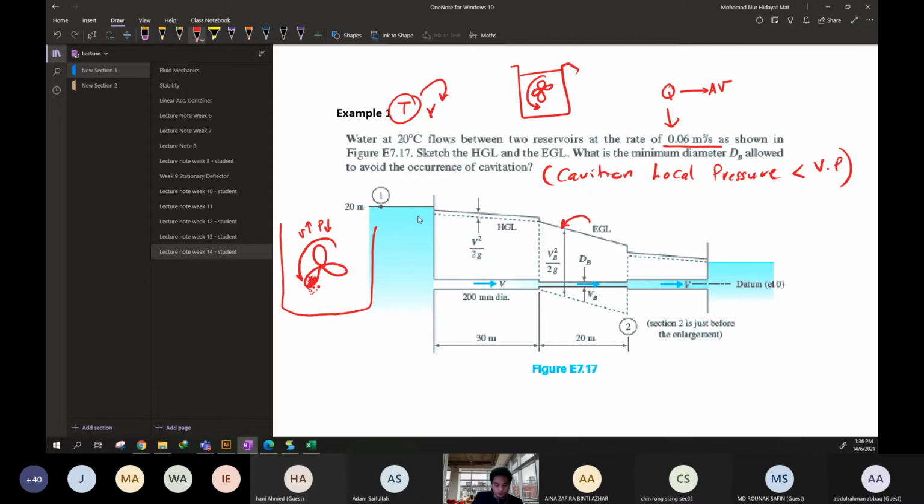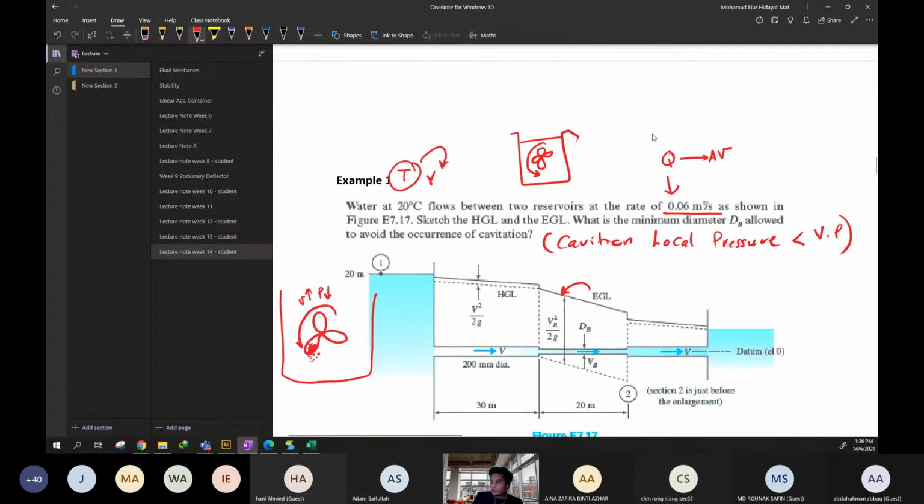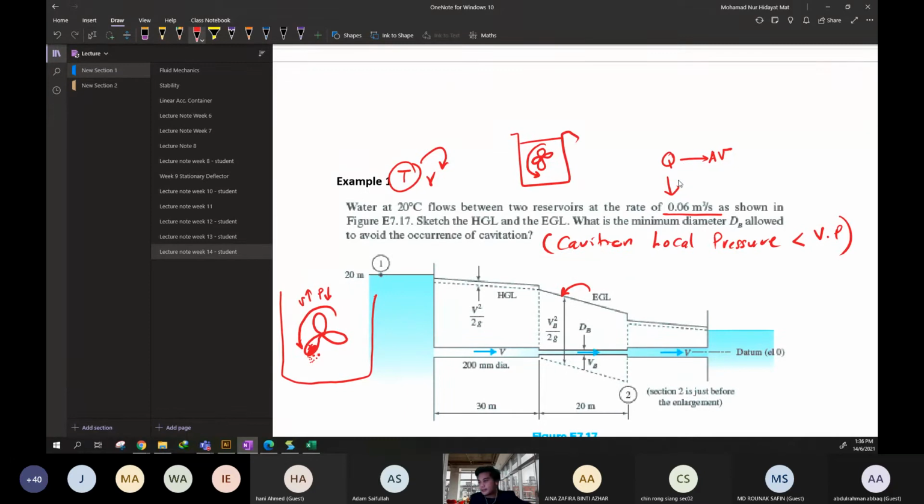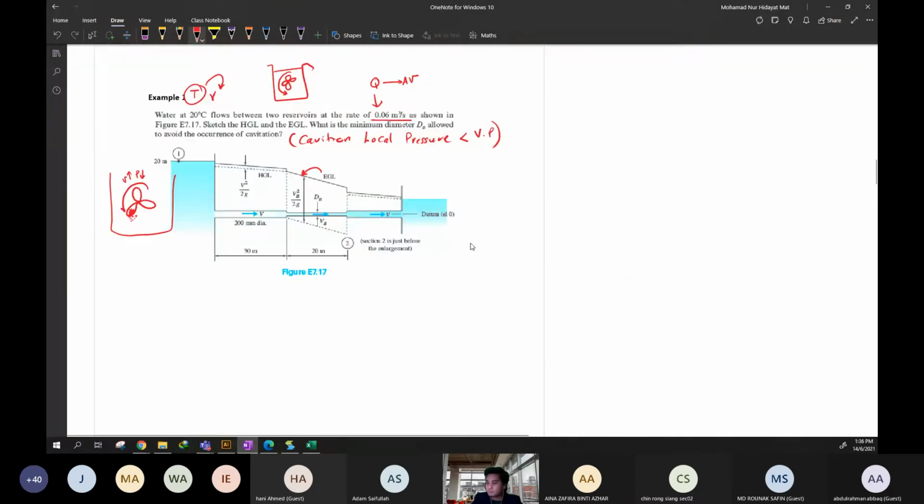Okay, so first, since we know the Q, let's find out this V. Let's say this is section A and this is section B. You can see, label section A and section B. We need to make separate sections. Why?